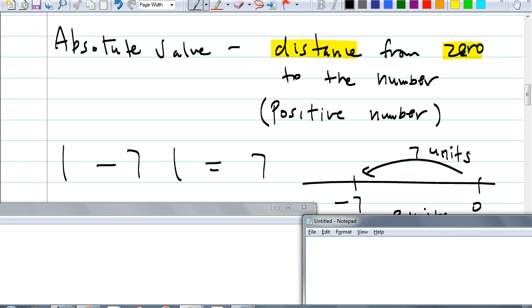By the way, can absolute value of a number come out to negative at all? Some people think so. Listen to my question carefully. Absolute value of a number, would it ever be negative? Of course you could have things in front of it, like negative of absolute value of some number. Then it comes out to be negative.